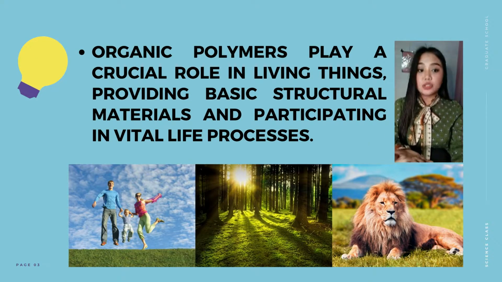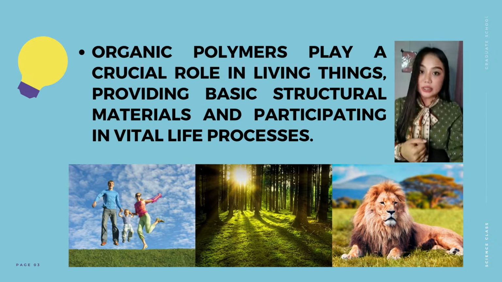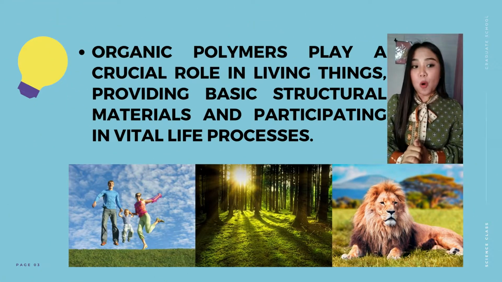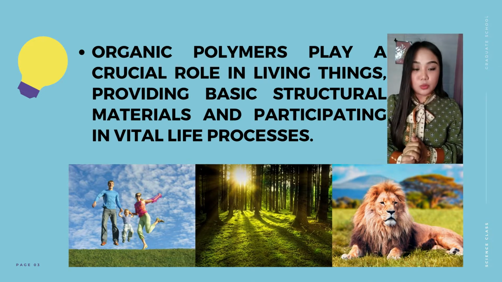Polymers play a crucial role in living things, providing basic structural materials and participating in vital life processes. For example, the solid parts of all plants are made up of polymers. These include cellulose, lignin, and various resins. Cellulose is a polysaccharide, a polymer that is composed of sugar molecules.